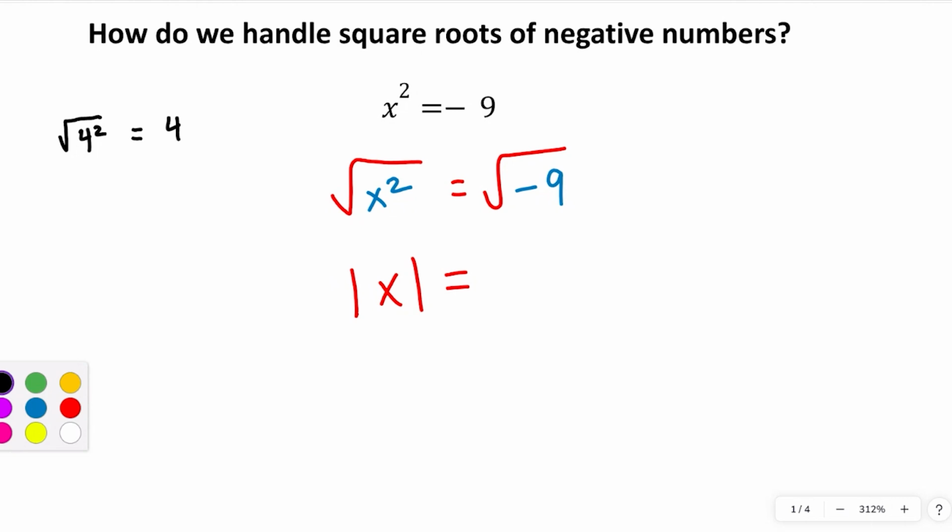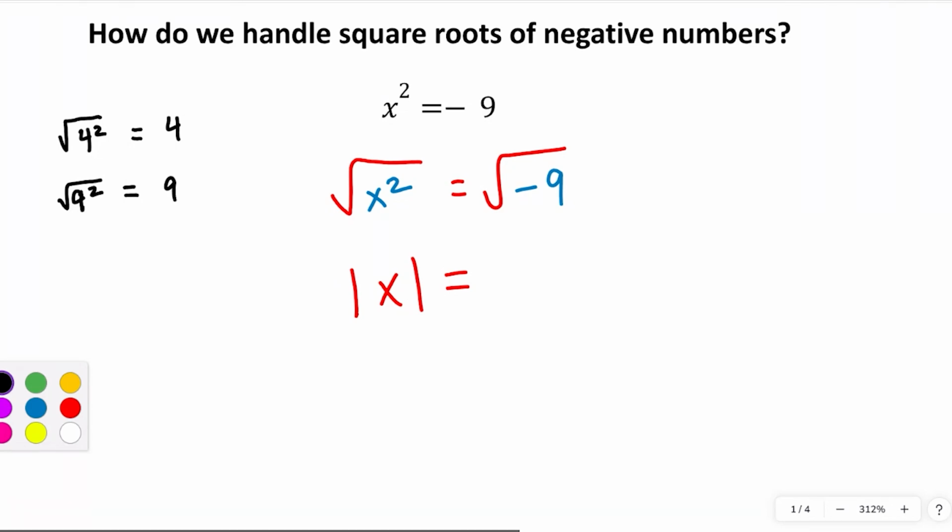Okay, very good. So the square root of 4 squared is 4. What's the square root of, I don't know, 9 squared? All right, well, 9 squared is 81, and the square root of 81 is 9.